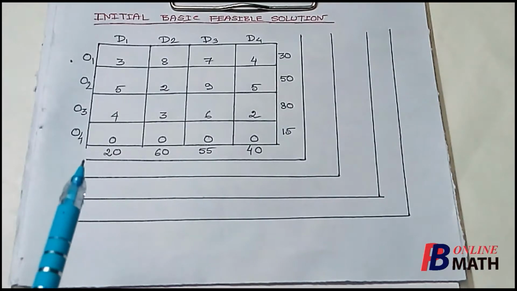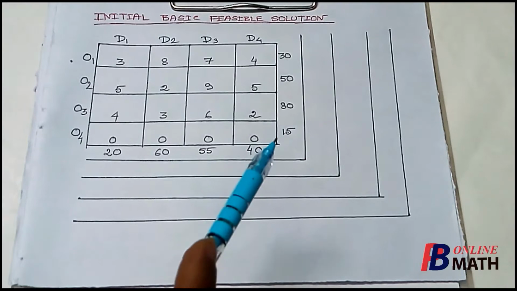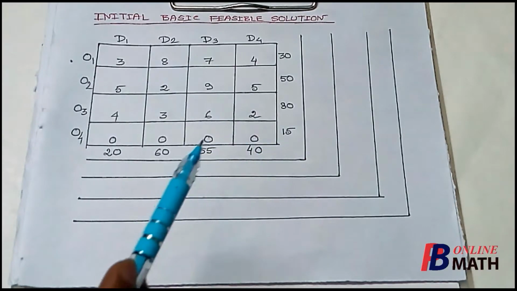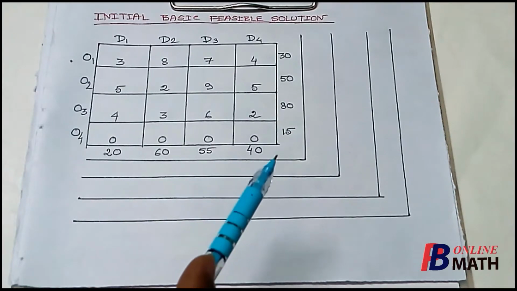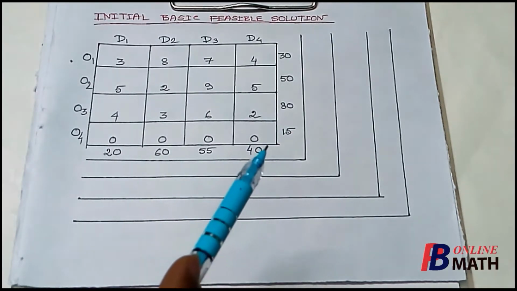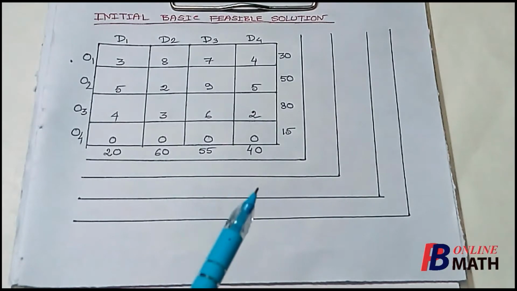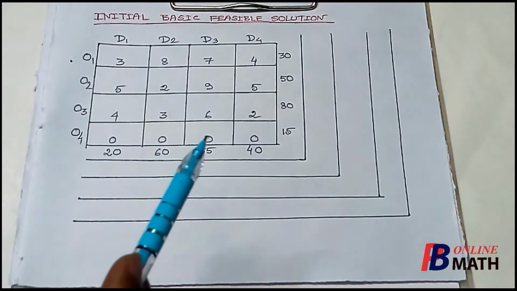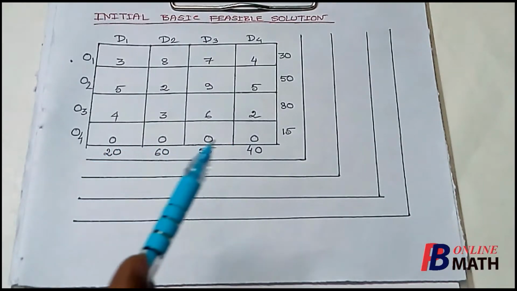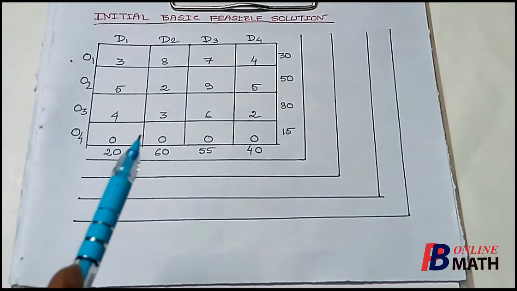So here we have introduced one fake origin, that is O4, with capacity 15 such that the sum of the capacity and sum of the demands both are now 175. That means the problem becomes a balanced transportation problem. Now we can solve this problem. Now we have assumed all the cost values for the origin O4 as 0 because this origin O4 does not exist practically.